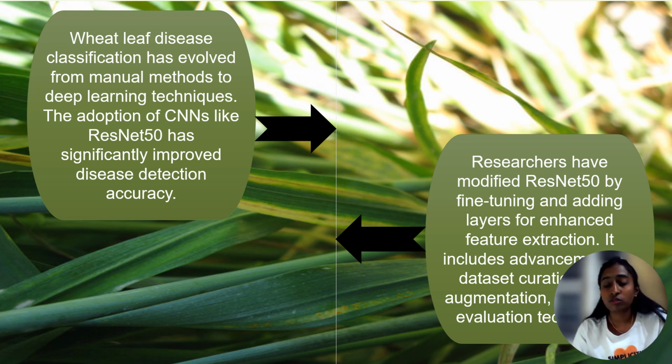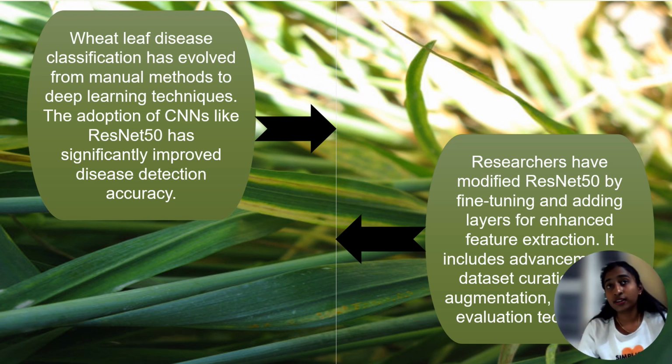The first and foremost step is that we need to find the datasets. The datasets may include healthy wheat leaf datasets or leaves affected by diseases. So it will include both types of wheat leaf disease classifications.